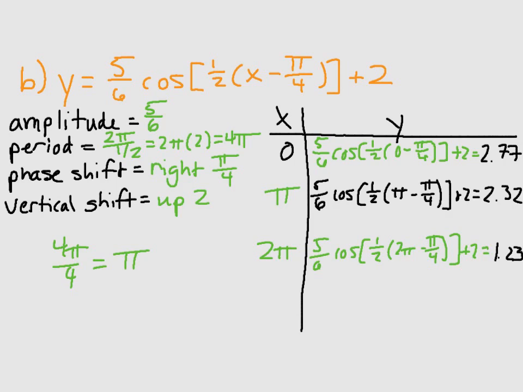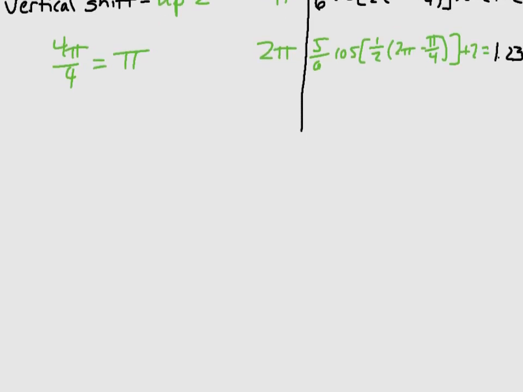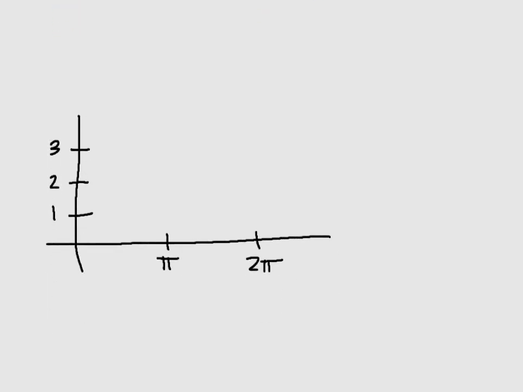Okay, so then when I plot this on my graph, for 0 was 2.77, so it'll be right about there. And then 2.32 for pi would be right about there.